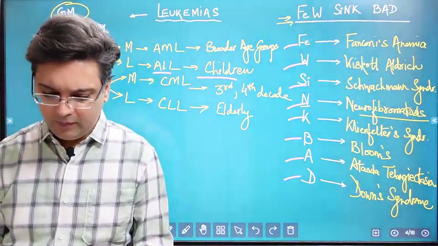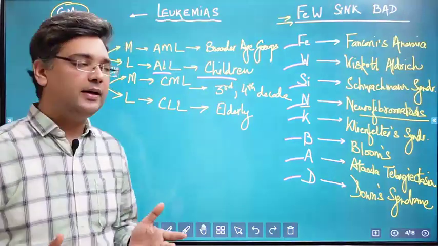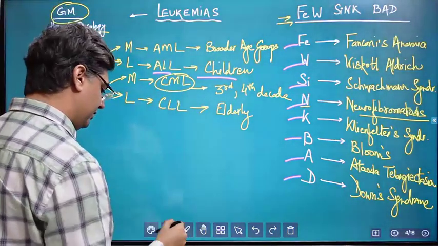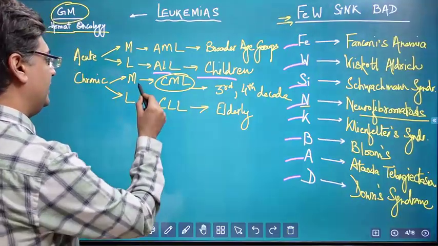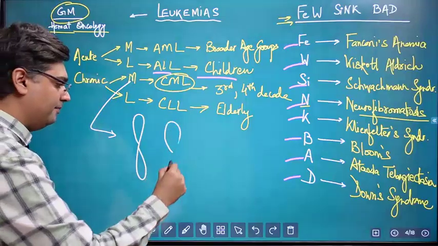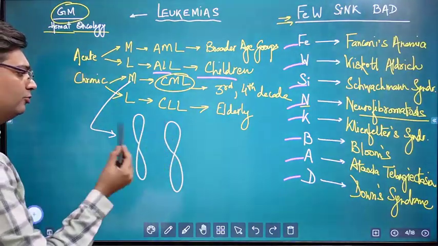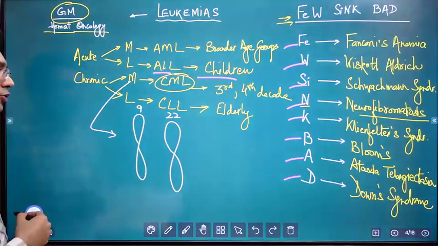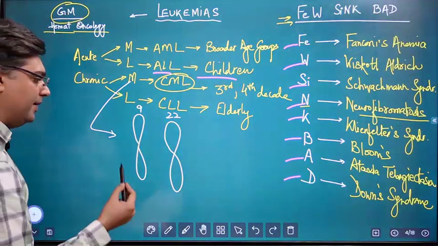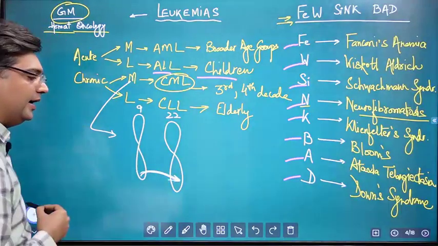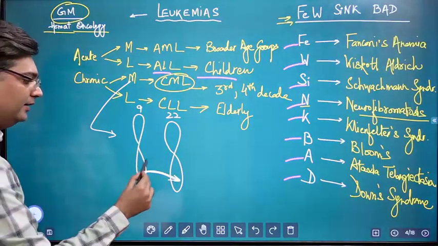Now, if we talk about CML here, there is a very interesting chromosomal mutation, and here we have a translocation. We have two chromosomes here, which are chromosome number 9 and chromosome number 22. Some part of chromosome 9 and 22 break away and attach to each other.